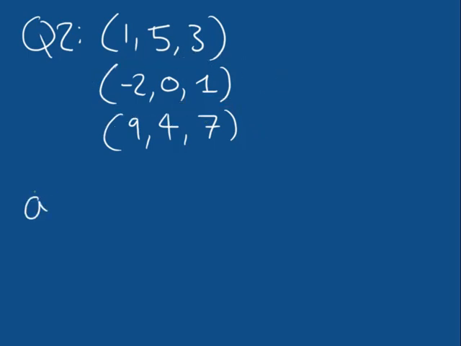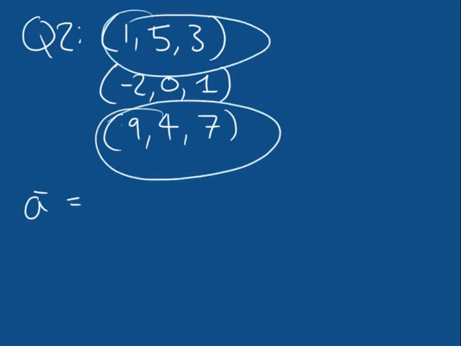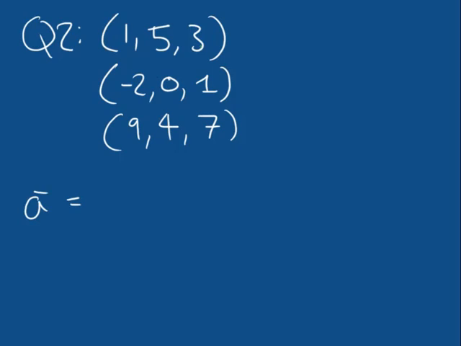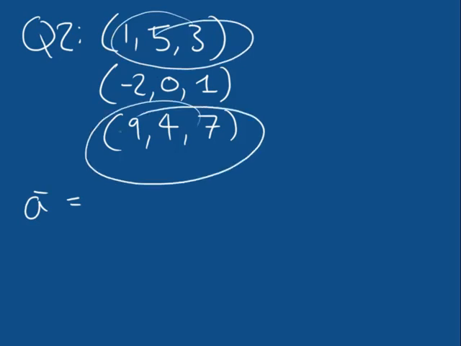So that means my first vector A is equal to this point minus our third point, because it goes from our third to our first, so it's this one minus this one.